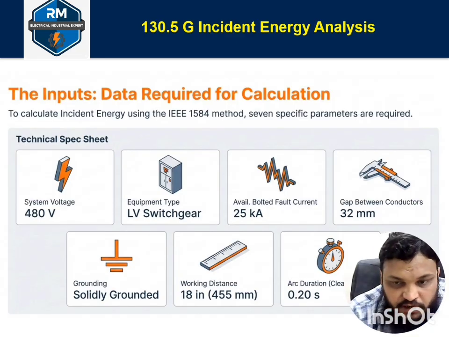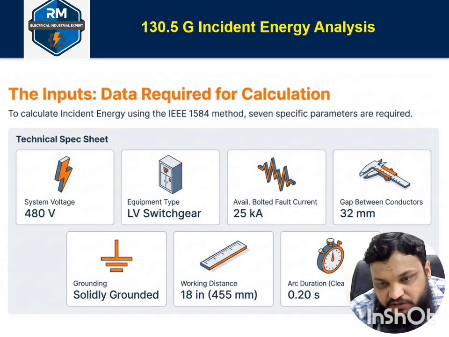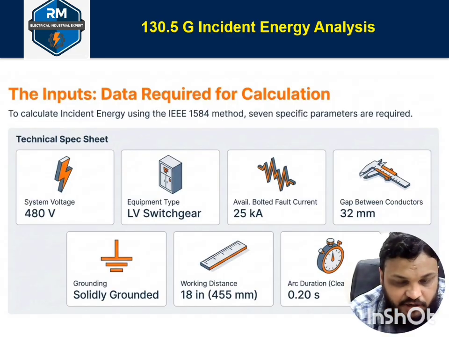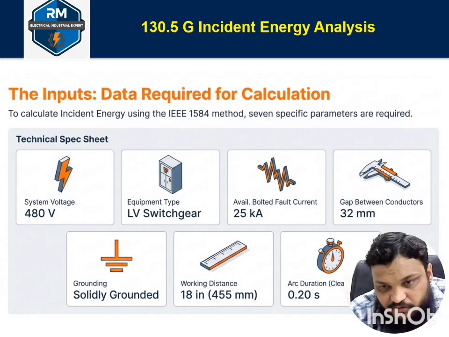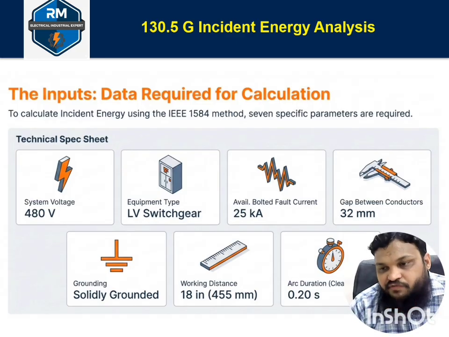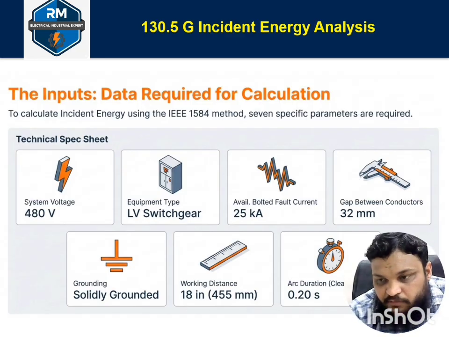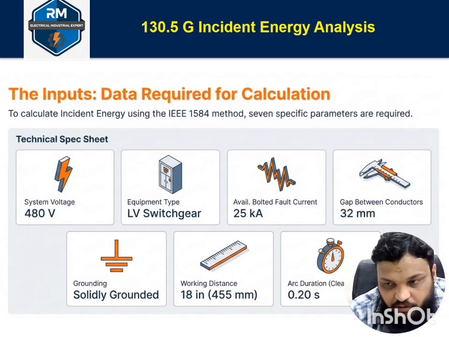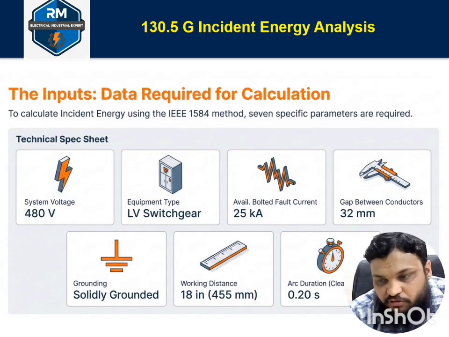The fifth is the grounding system, how the system is grounded. It is either solidly grounded or grounded by a resistor or reactance or any other type of grounding. The sixth is the working distance between the live equipment and the person, that is 18 inch or maybe 12 inch, or depending on the situation, either 24 or 36 inch. And the seventh and the most crucial factor is arc duration, the time required by the relay to clear the fault. That we call arc duration or clearance time.